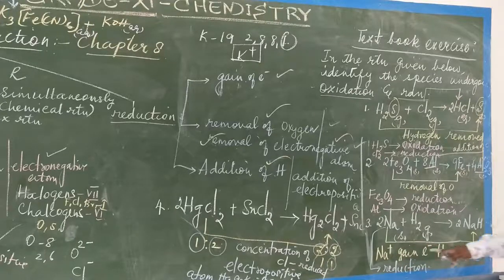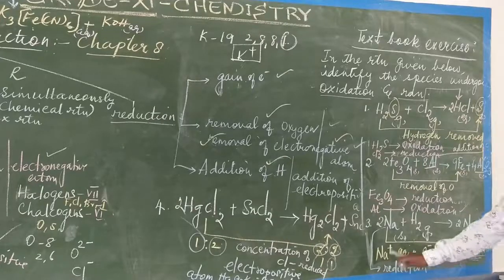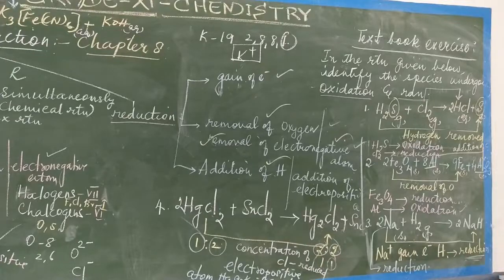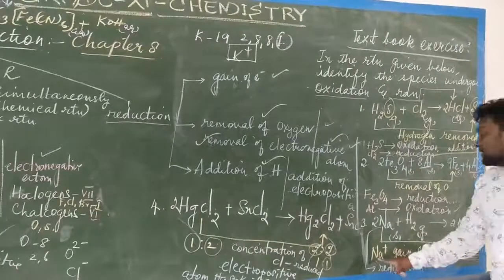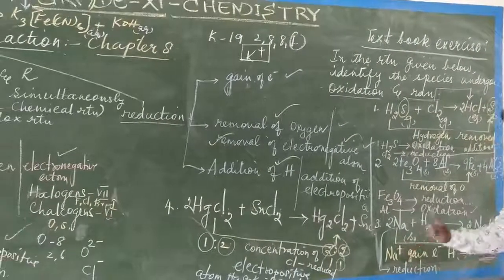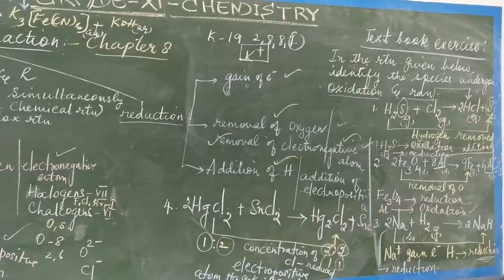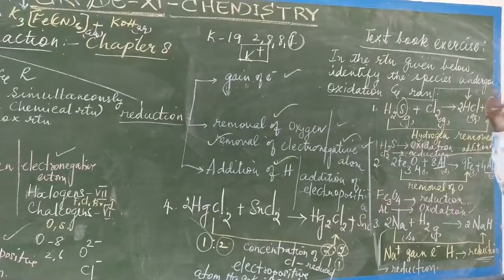Hydrogen is attracted, so it is reduction. What is reduction? Addition of hydrogen is called reduction. So hydrogen has got added to Na+. Sodium is electropositive and combines with hydrogen. Sometimes hydrogen acts as electropositive as well as electronegative, so here hydrogen combines with the electropositive sodium according to this reduction.